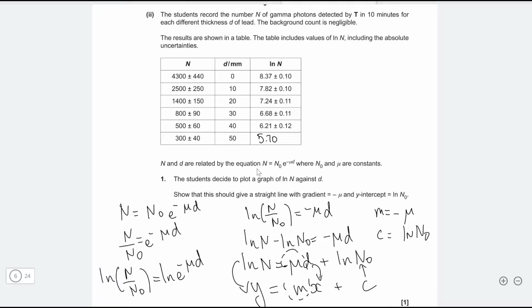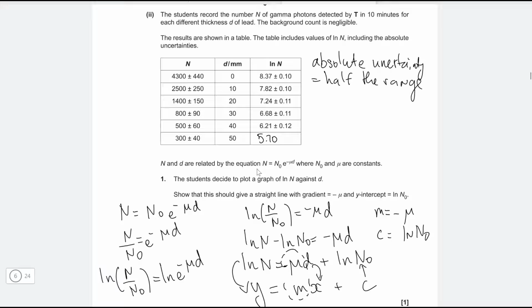The absolute uncertainty is tricky. We've not dealt officially in this course with calculating the absolute uncertainties within logarithms or ln's. So what I'm going to do is use the rule that absolute uncertainty is equal to half the range.